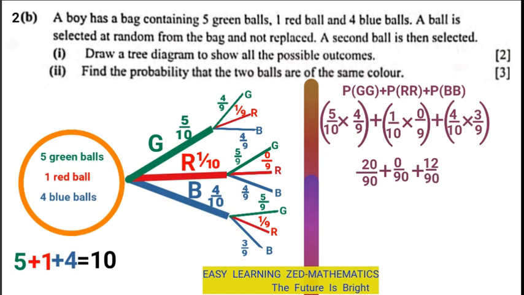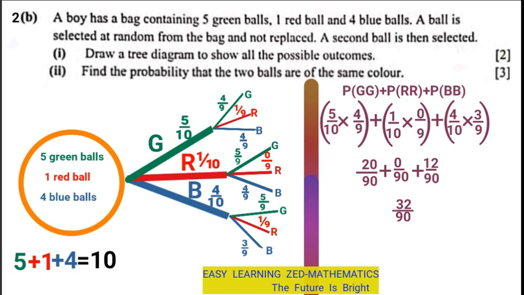Now I'm going to add 20 plus 0, which gives me 20. Then 20 plus 12 gives me 32. So when you add those three fractions, they give you 32 over 90.